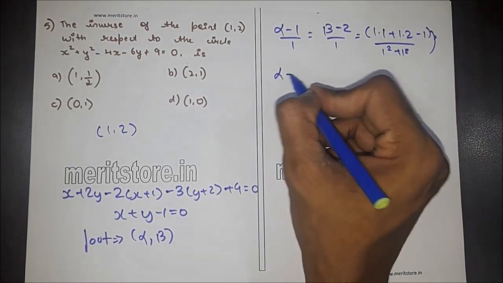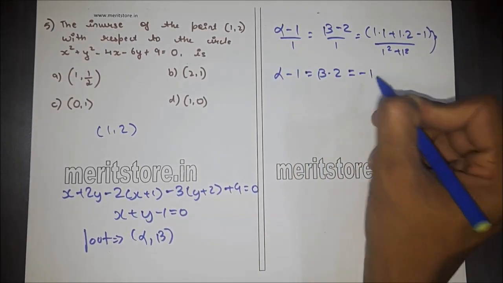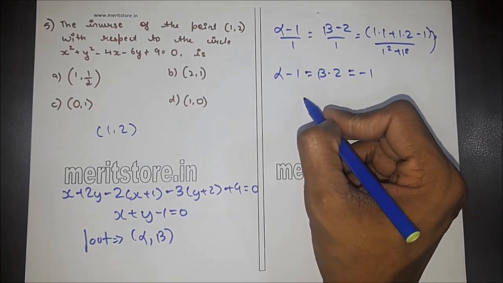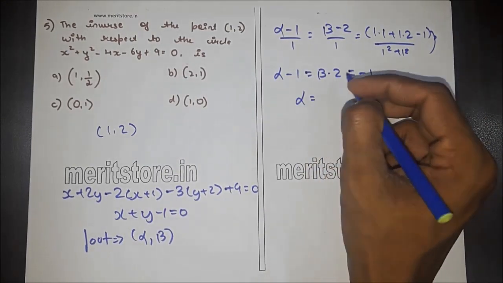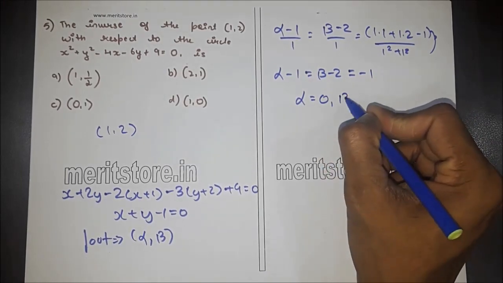If we solve this, we get alpha minus 1 equal to beta minus 2, which is equal to minus 1. Solving this, we get alpha equal to 0 and beta equal to 1.